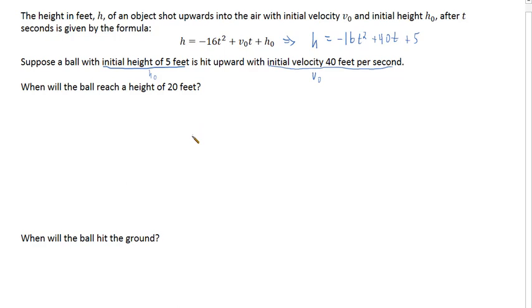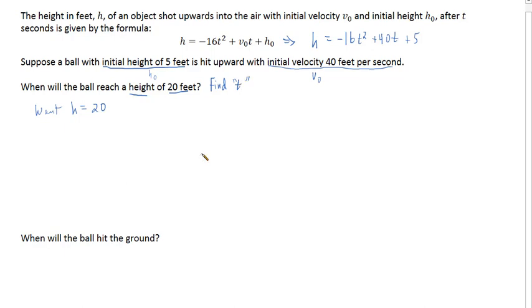The first part asks, when will the ball reach a height of 20 feet? We want h equal to 20. When will the ball reach a height of 20 feet, we want to find the value of t, right?